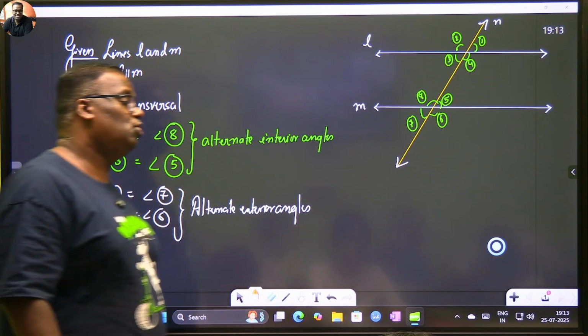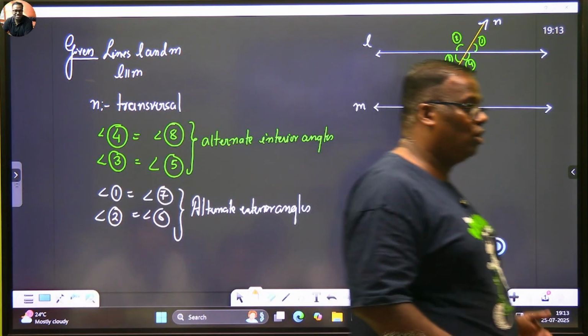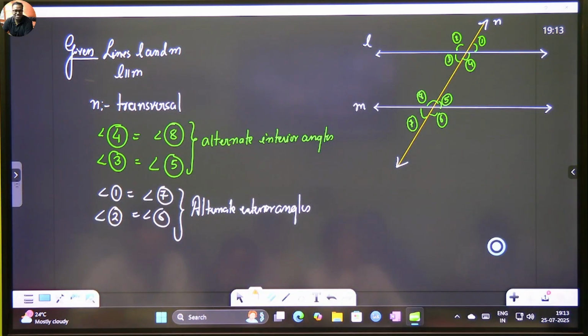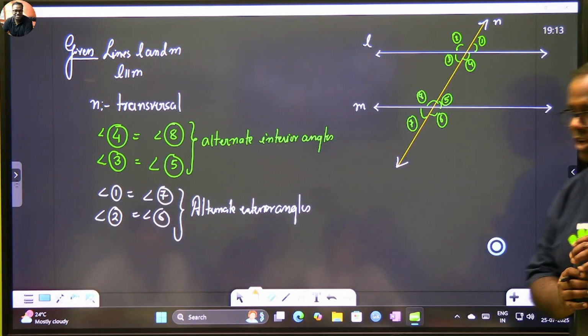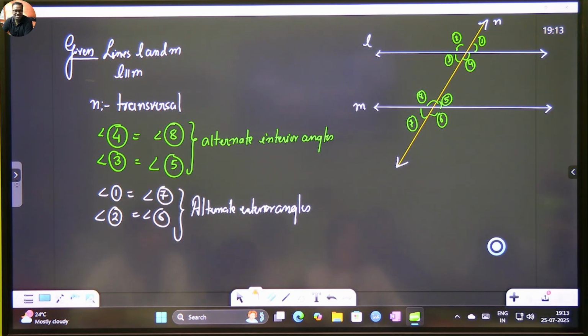The point is, you should remember all these things when you are solving a problem. So alternate angles, are you fine with that? We get alternate interiors, we get alternate exteriors.